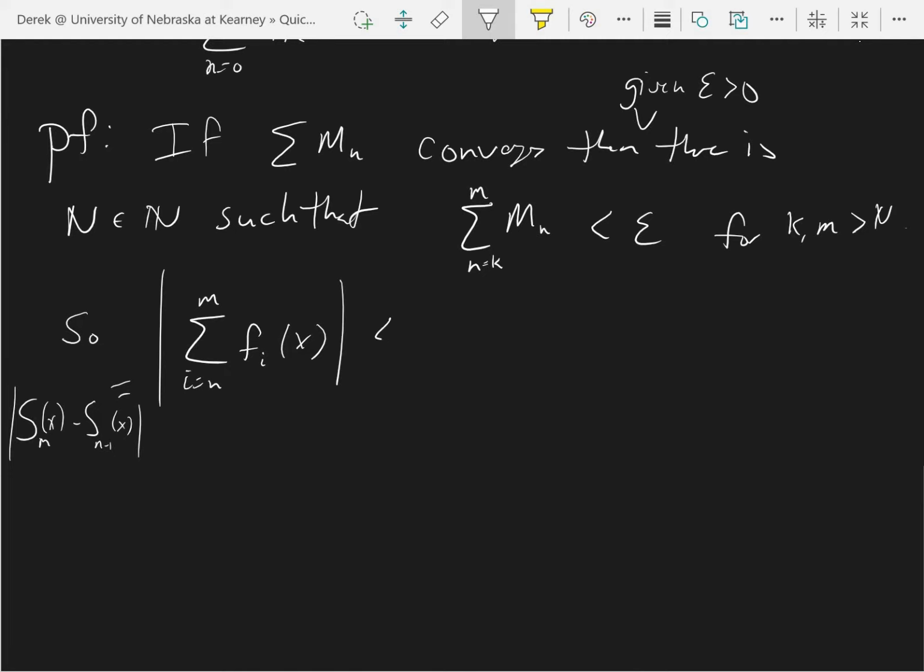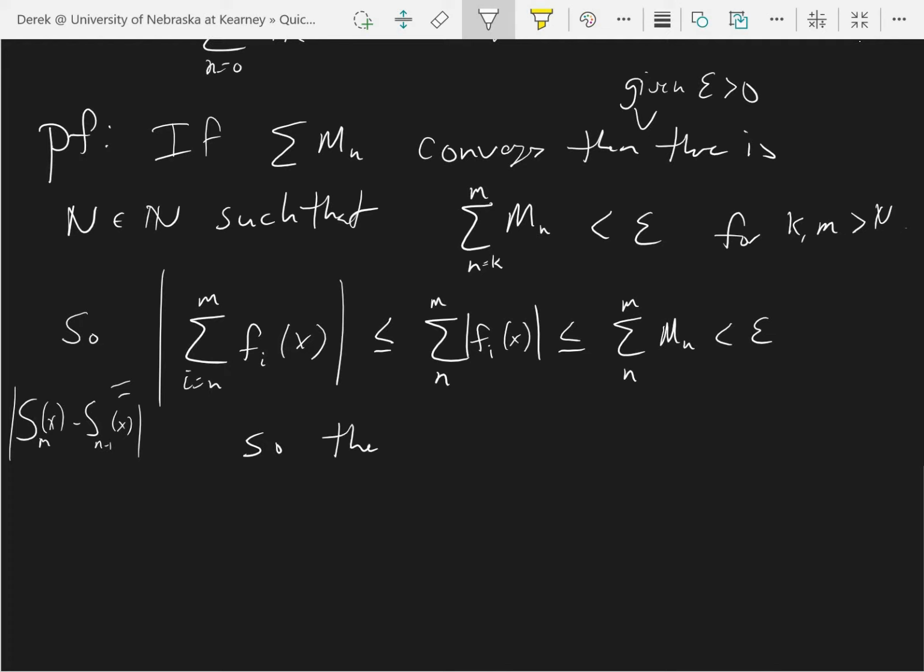So this is less than or equal to the sum from n to m of the absolute value of f sub i at x, which is less than or equal to the sum from n to m of M sub n, which is less than epsilon by assumption.